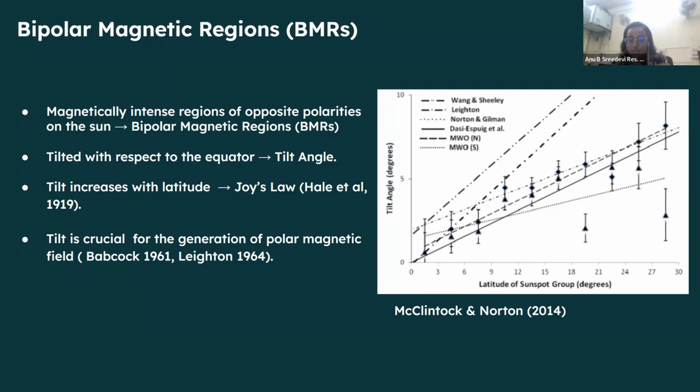This tilt is very crucial in the Babcock-Leighton process, where the BMRs evolve and disperse, and the dispersed flux is taken up to the poles by the meridional flow to cause the polarity reversal and create the polar field for the next cycle.